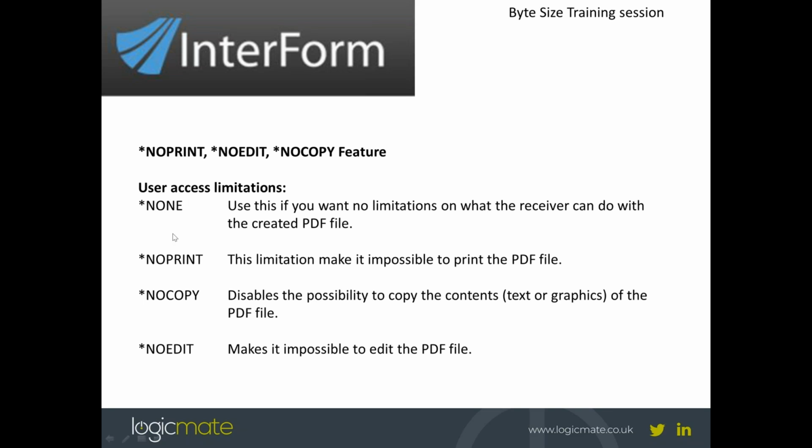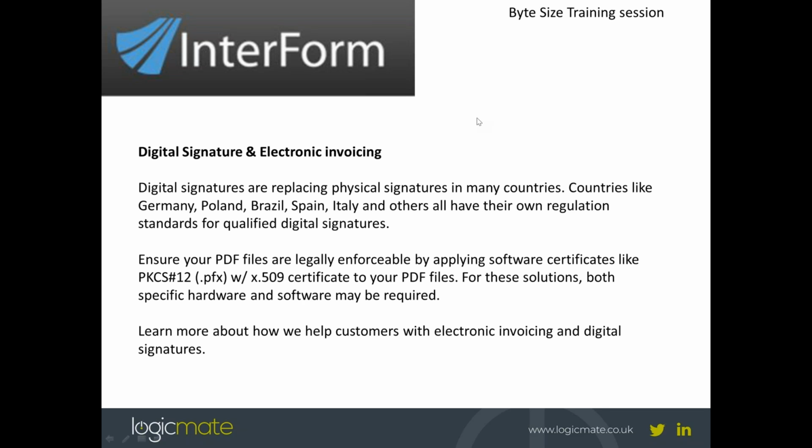I have the no copy, no print, no edit, and the star none limitation setting in the PDF document. And then we've got the digital signature. So this is where we got to.